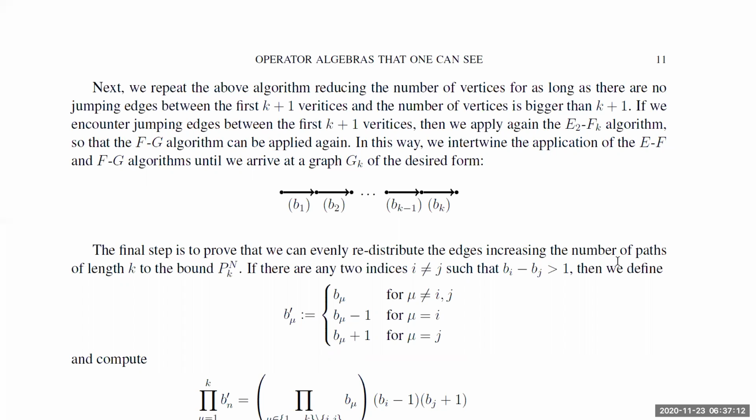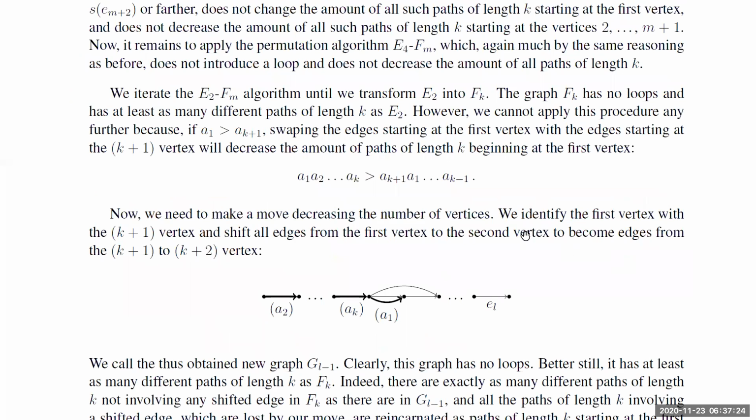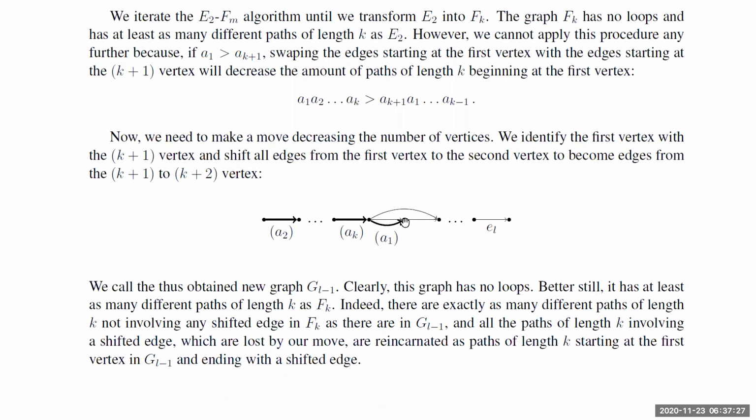So if L is equal to k+1, then we are done, because if L is equal to k+1, it means that that's the last edge. So since we know by assumption that there are no jumping edges starting at the first vertex, second, and the k vertex, and the last vertex is the vertex k plus 2, because if L is equal to k+1, then we have k+2 many vertices.